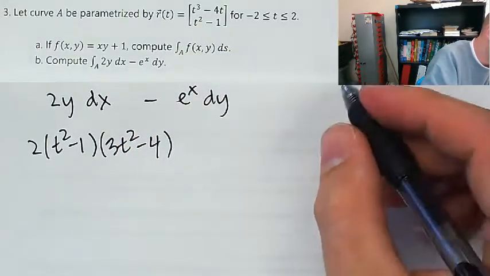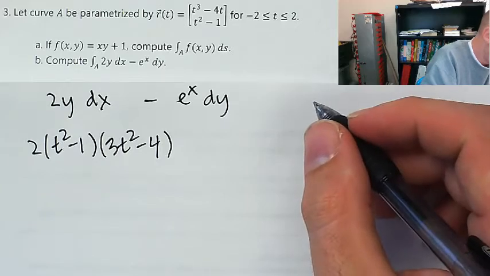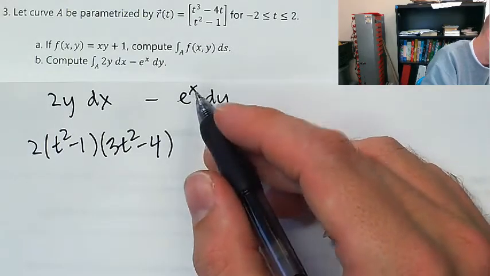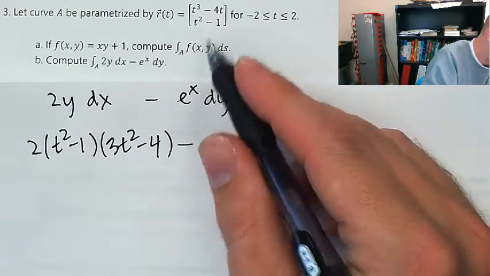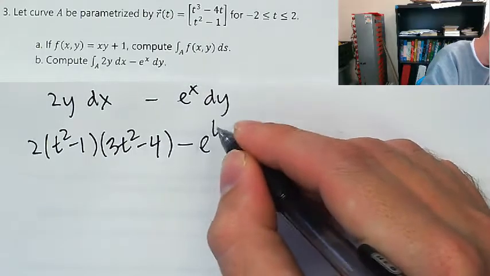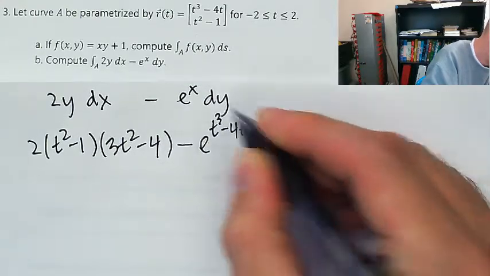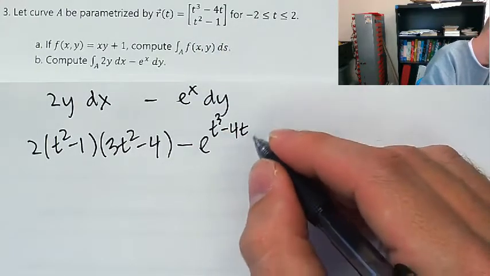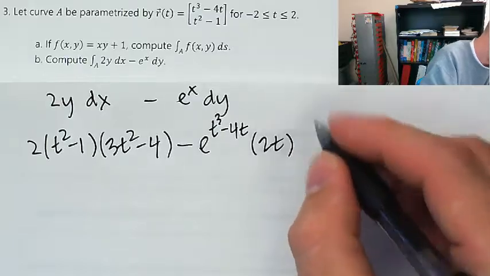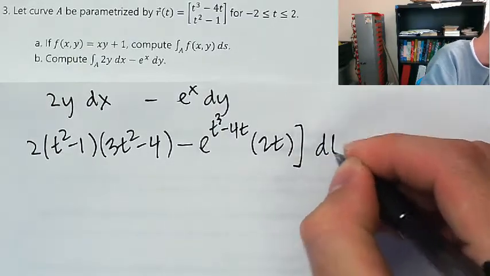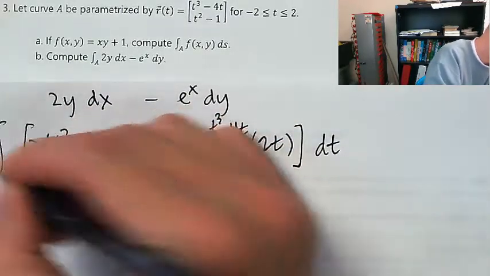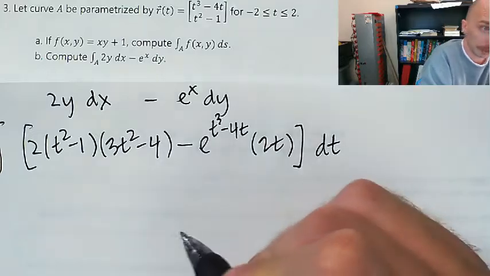And then I'll just hold on to the dt for later. And e to the x, so negative e to the x dy, e to the t to the 3 minus 4t. dy is y prime of t dt, so that's times 2t. Then we'll factor out the dt's, integrate that from negative 2 to 2.